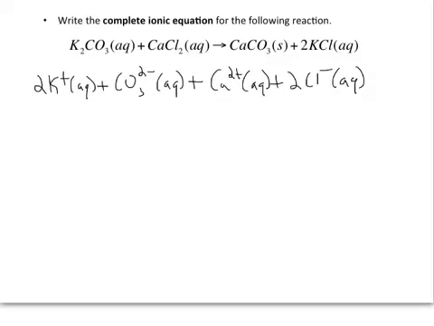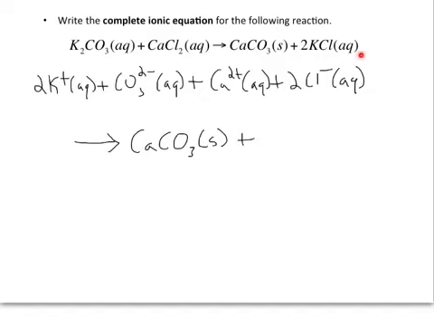I have to do this on 2 lines because I'm running out of space here. All right, our first product is calcium carbonate. We see this is a solid, so it's not aqueous, so it's not going to dissociate. So we'll write that as a formula unit together. And then finally, I have potassium chloride.